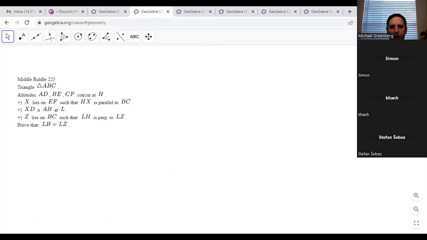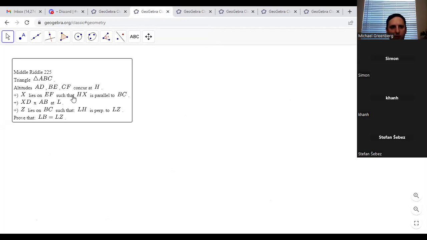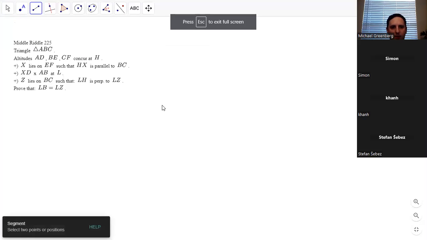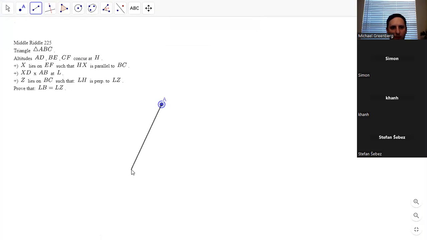All right, so we have a triangle, and then we draw the three altitudes. There we go. So even this, I felt like looked a little bit similar to something from before.